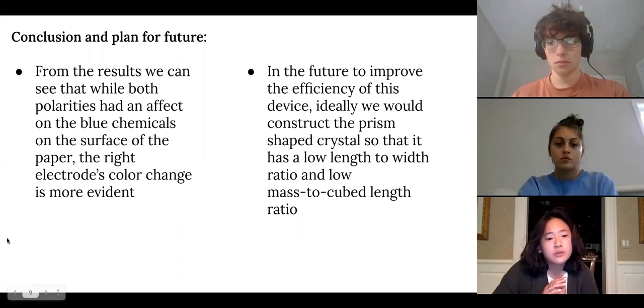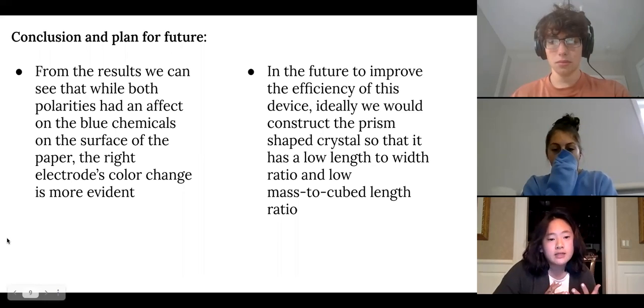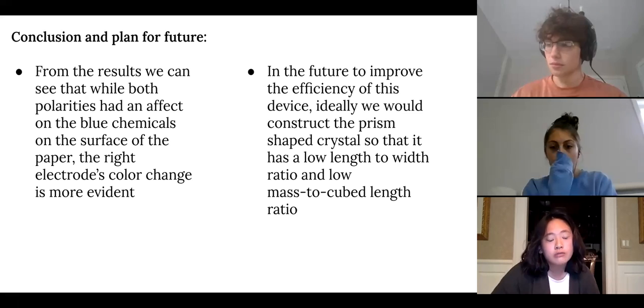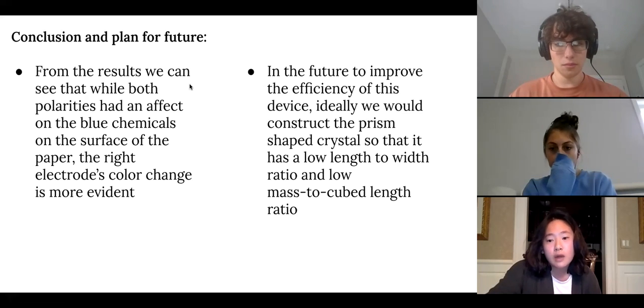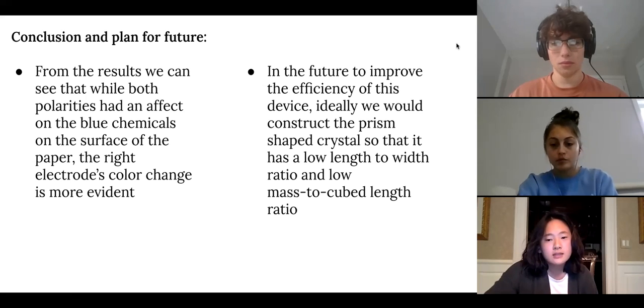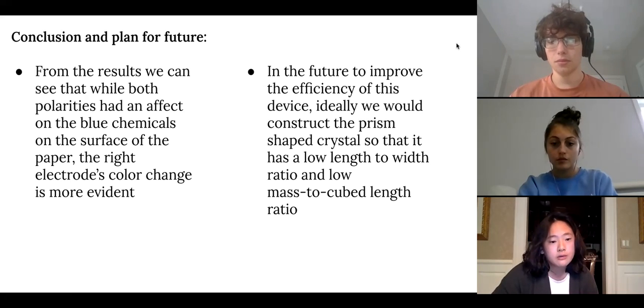From the results, we can see that while both polarities had an effect on the blue chemicals on the surface of the paper, the right electrode's color change is more evident. In the future, to improve the efficiency of this device, ideally, I would be able to construct a prism-shaped crystal that has a low length to width ratio, as well as a low mass to cube length ratio.